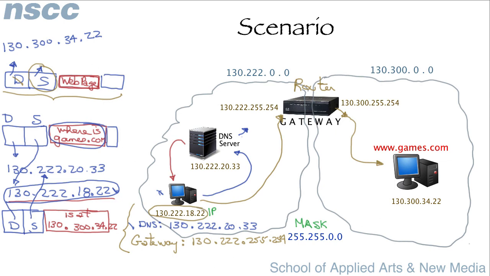And so it's going to construct a packet that goes back. It's going to be the actual web page information. It's going to add layer 3 information, the destination and the source. So the destination address, it knows that because it was the source address of the request that came to it. So the destination, it knows that it's this machine here, 130.222.18.22.